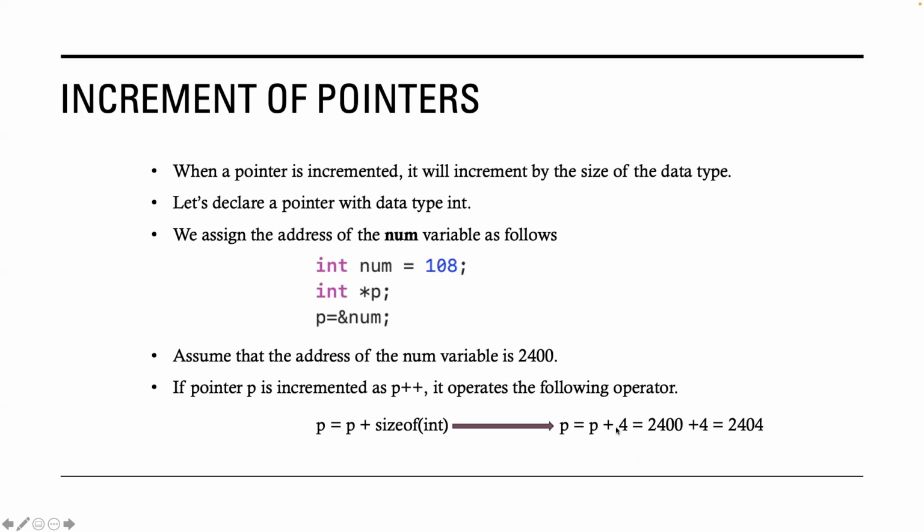So if I operate p++, I'm getting p is equal to 2400 plus 4, that means 2404. So this is how it works. I'm adding 4 because in my computer the size of the int variable type is 4 bytes. So I'm adding 4 to the address of the num variable.